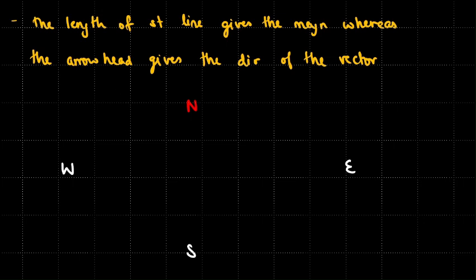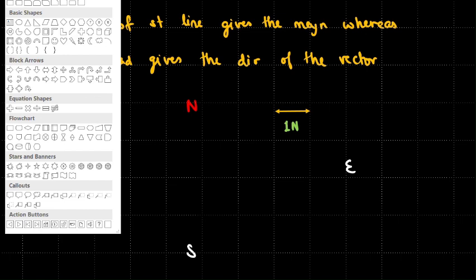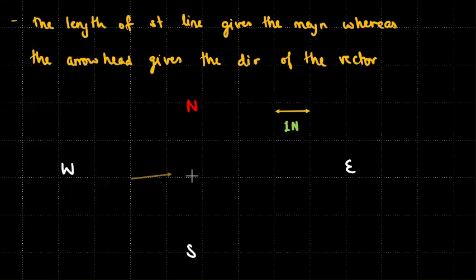Suppose this one block is 1 Newton. So we are talking about this as 1 unit. So 1 Newton. Let's talk about force. It can be anything, but let's talk about force. Suppose it is like this.